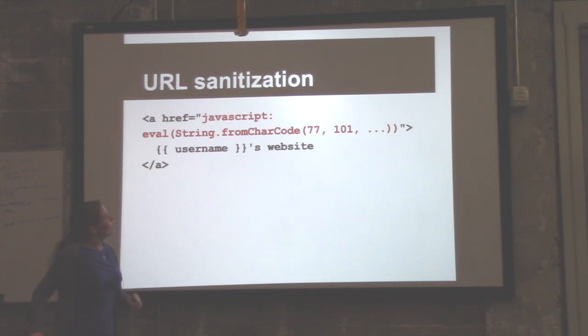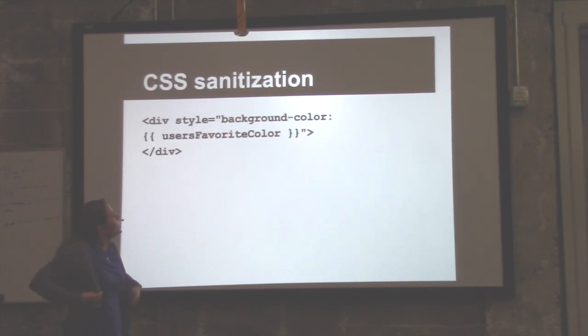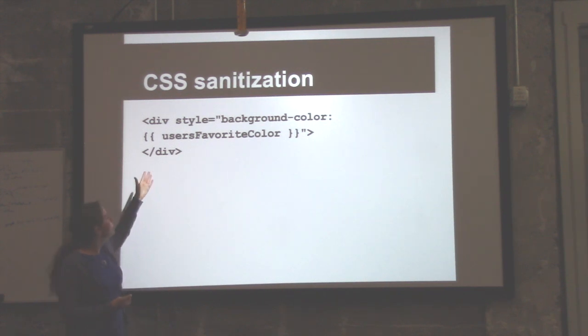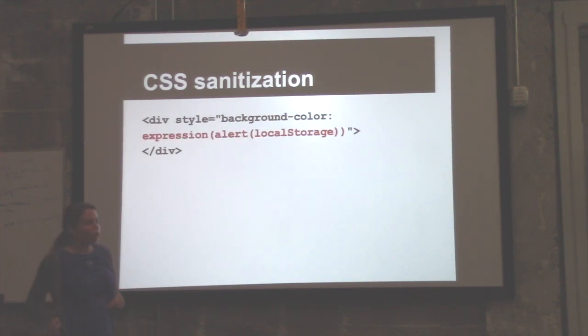And there are other culprits. So you might imagine there's not much bad stuff that can happen from putting untrusted user input inside CSS. So here maybe we have a user profile page where the user can set the background color on the page. It turns out that some older versions of Internet Explorer have a CSS extension called expression.